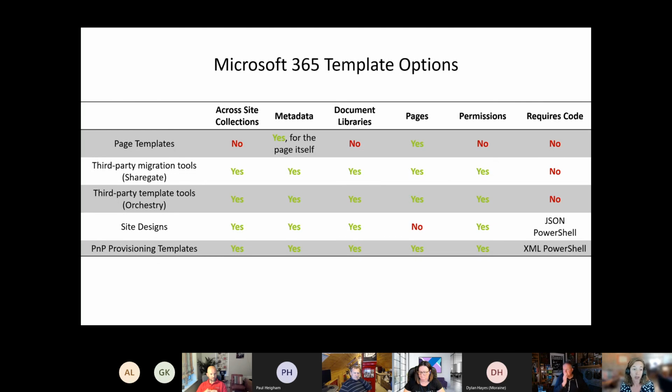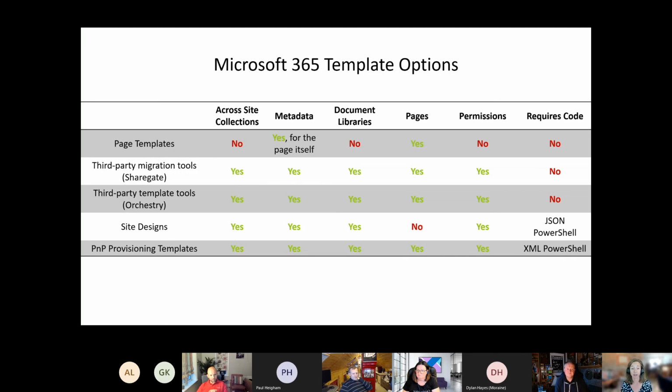If it's just one department, I might just use page templates because it's centralized to that site collection. If I'm trying to find something to go across site collections and across the organization, I'm probably going to use one of these other options like ShareGate, a third-party migration tool, or Orchestry for making templates, or P&P provisioning.